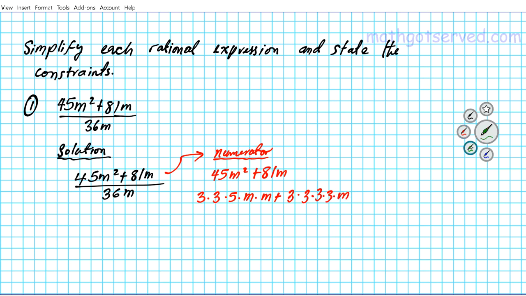We have 3 times 3 common, and then one m common. So you factor out 9m, divide out the common factors, and we're left with 5m plus 9.